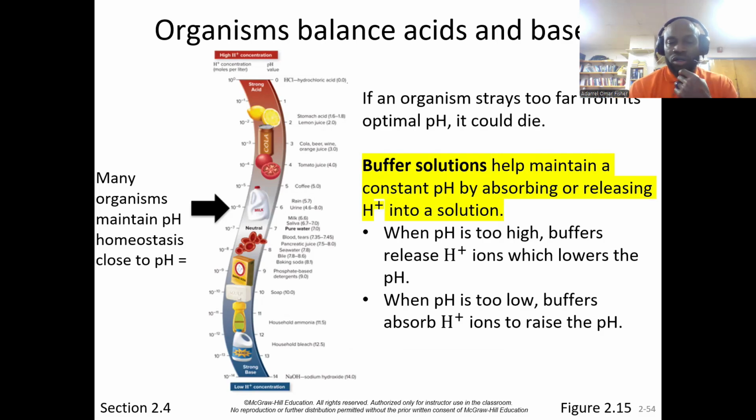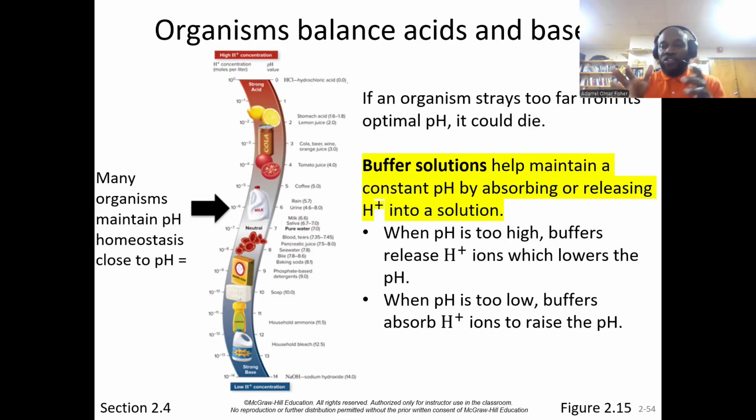So when pH is too high, buffers release hydrogen ions, which lowers the pH. When pH is too low, they absorb, right? So it buffers, it keeps the pH at a certain level, right? So your body wants to stay at 7.3, 7.4.